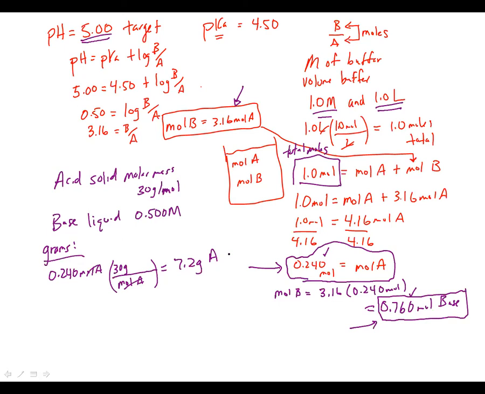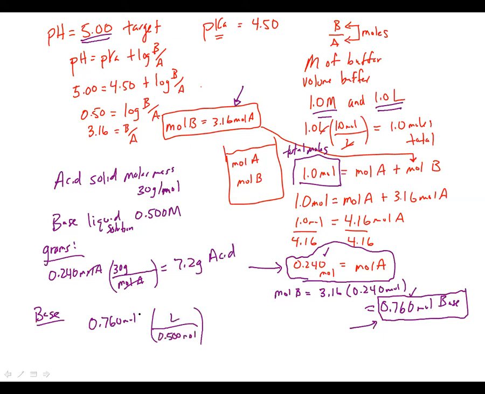acid. And if we wanted to figure out our base, though, it is a liquid or a solution. And it has a molarity, but we could still use the moles we calculated. We would want to divide by the molarity.